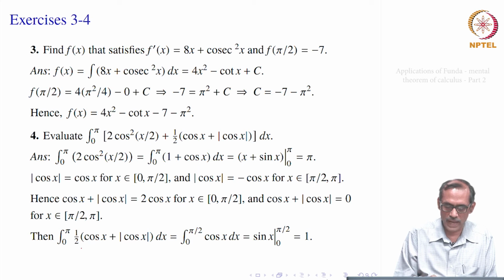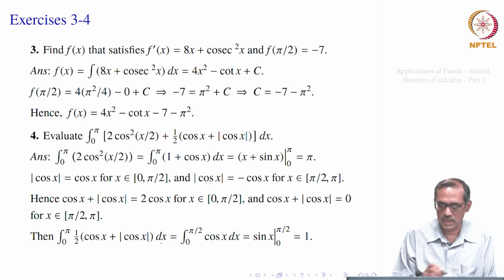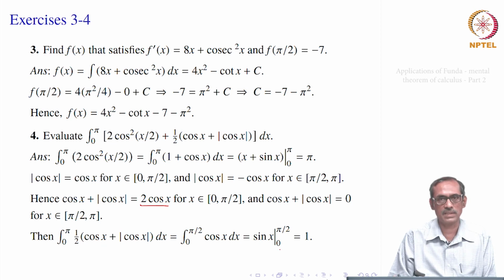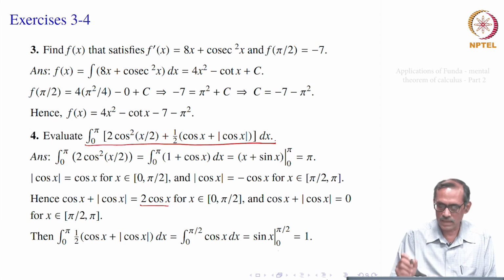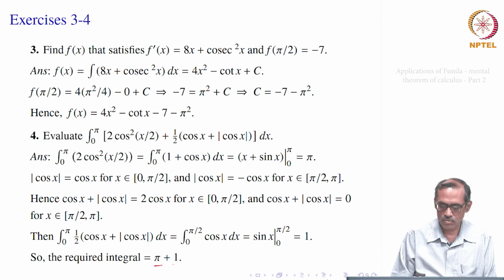So, you get the integral of half of cosine x plus mod cos x dx as 0 to pi by 2 of 2 cosine x. Dividing by 2 gives cosine x, and its integral is sin x evaluated from 0 to pi by 2, which is 1. So, the required definite integral is the sum of these two integrals, which is pi plus 1.